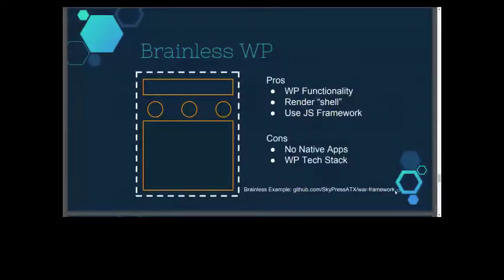Just like everything, there are some slight problems, and it really depends on the scope of your project and what you want to be doing. Even with Brainless, you're not going to be able to build out native applications.